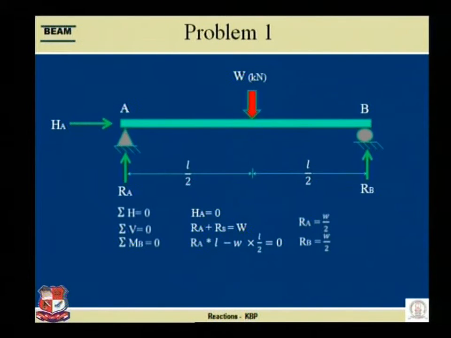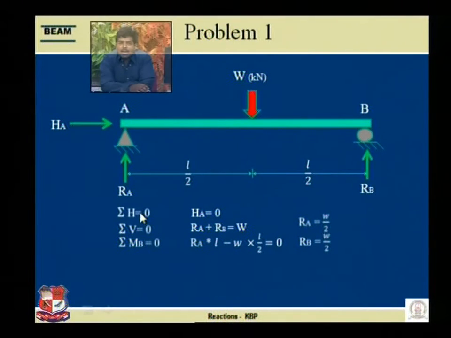Next, let us take the first problem. A simply supported beam, application of point load W at the center, L by 2, L by 2, and our intention is to find the support reactions, meaning HA, RA and RB. Let us use the first equilibrium condition, sigma H is equal to 0.